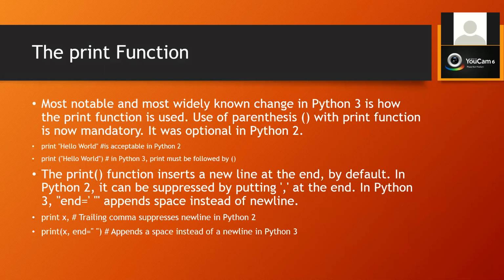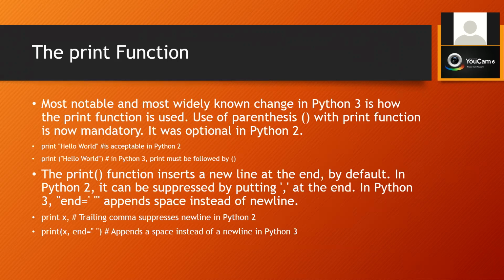The print function inserts a new line at the end by default. In Python 2, it can be suppressed, meaning we suppress it by putting a comma at the end. In Python 3, end equals appends a space instead of a new line. If you see the example down, print x comma.